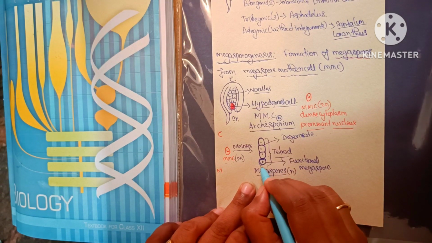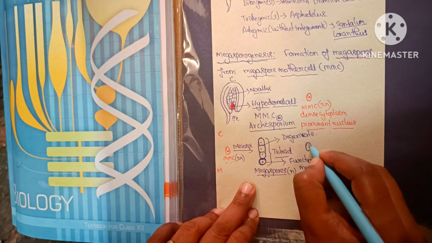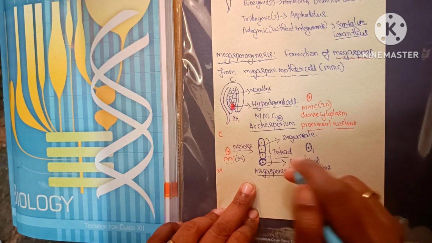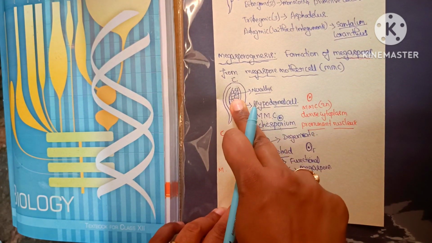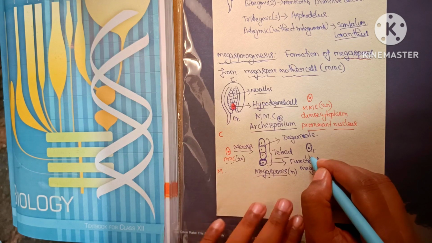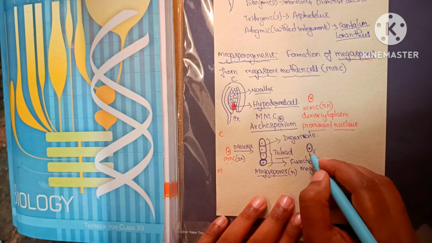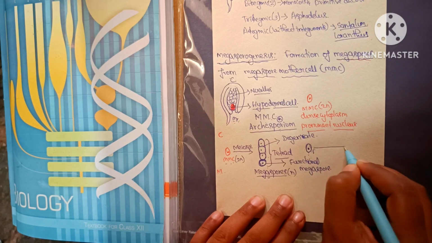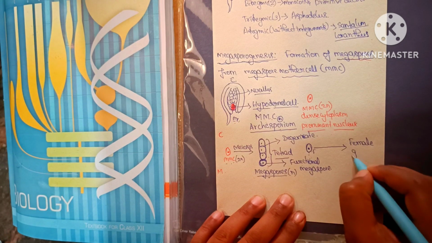That means only from this there is development of the embryo sac. I'll write here now. This is the functional megaspore. Remember, all the processes I am explaining take place inside the ovule. The functional megaspore, as I said, also contains a prominent nucleus and a dense cytoplasm. The functional megaspore will develop into the female gametophyte.